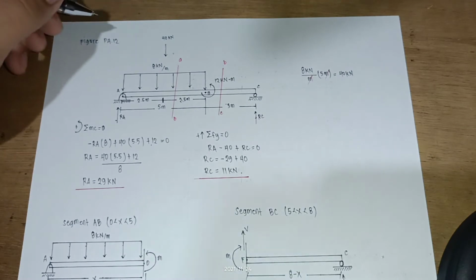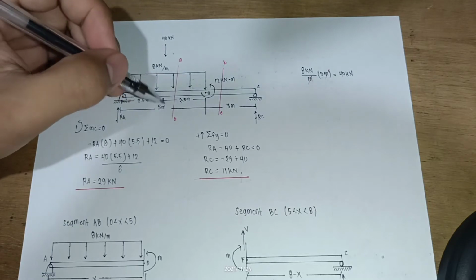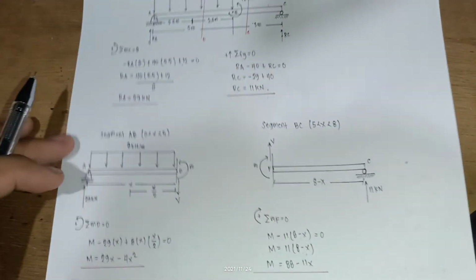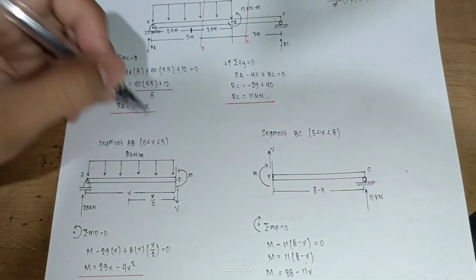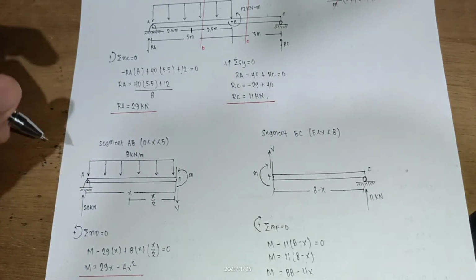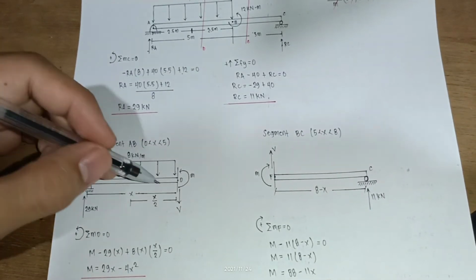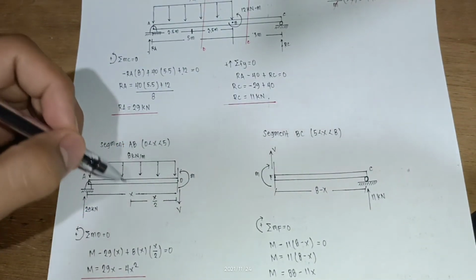So we will cut the section, segment AB and BC. For segment AB, where x is greater than 0 and less than 5, this is the cut section. The distance of the cut section is x.